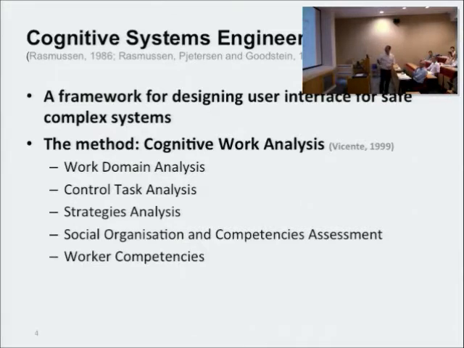Okay? Now, Kim Vicente, in his book on cognitive work analysis, describes how you can use a whole suite of different methods, okay, to understand what are the complex relationships that exist within the system, and then how you go about understanding how you manage those relationships. For example, in a power system, there are certain thermodynamic relationships that exist.